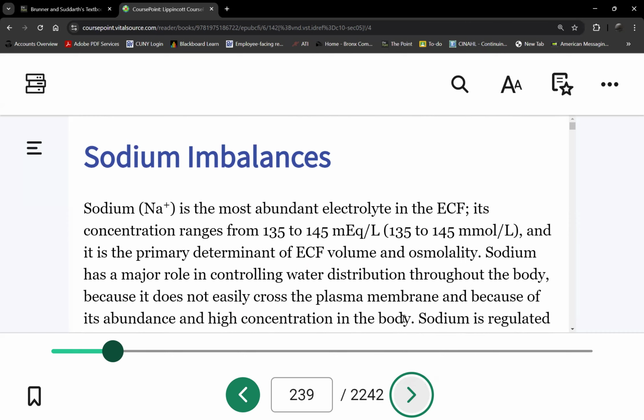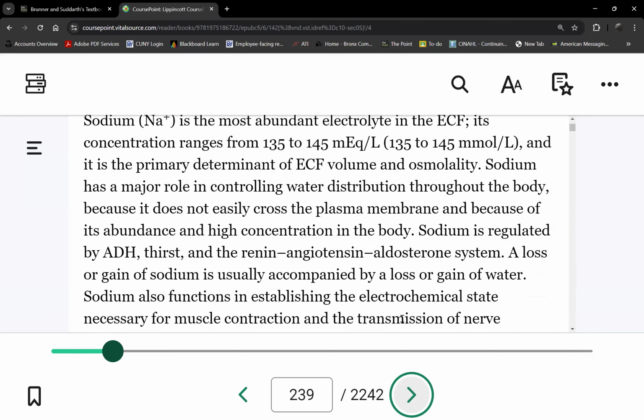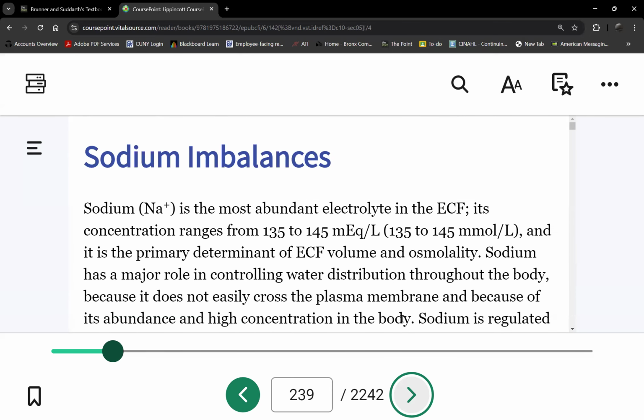So sodium and potassium problems, we either have not enough or too much sodium, not enough or too much potassium. Okay, the way you remember this is either you memorize or you understand what is the function of sodium. That way, when you say deficit or overload, it makes it easier to remember.